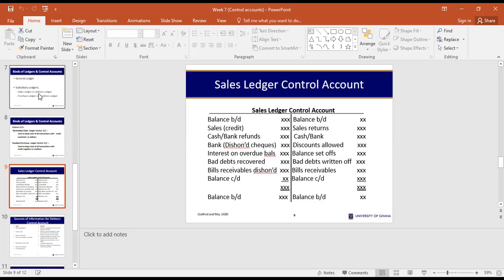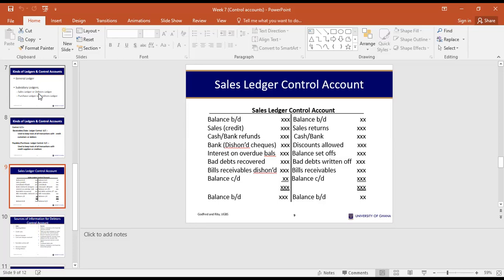When I say sales has a credit balance, I'm saying that anything that will increase sales will come to the credit side, and anything that will reduce sales, in this case credit sales, don't forget that we come to the debit side. The same thing applies here. So this is a debtors control account. Even though it's a sales ledger control account, it is also called what? Debtors control account.